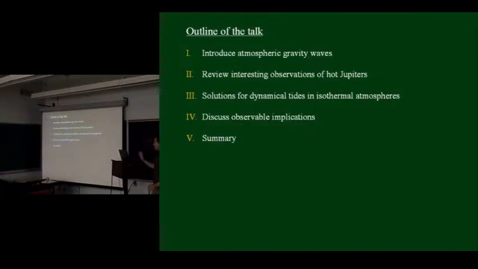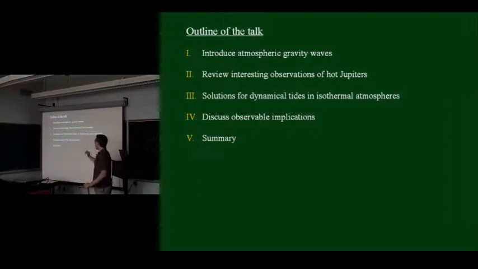So, quick outline. We can discuss these atmospheric gravity waves and their basic properties. Then talk about two interesting observations of hot Jupiters, their mass loss rates, and also H2O emission, which has been observed and may have implications for the role of gravity waves.